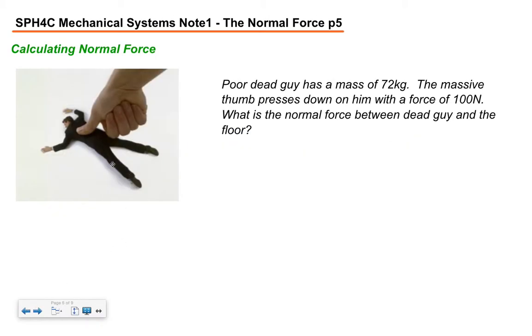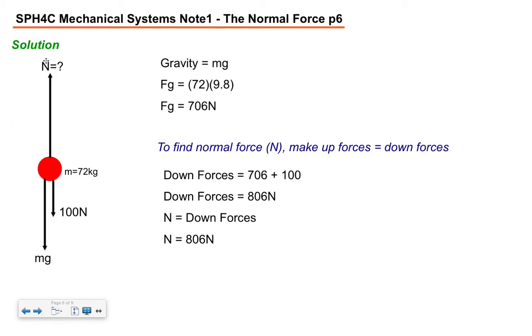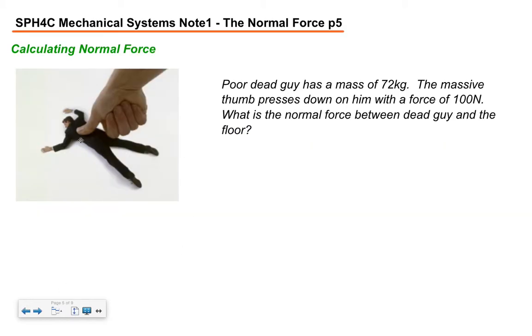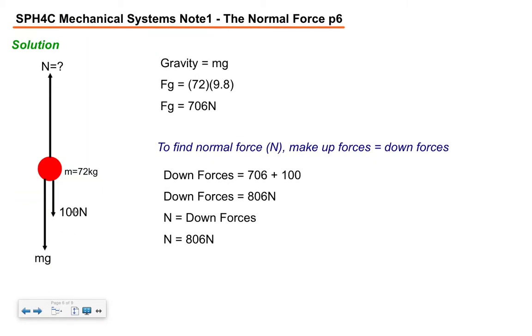now we have an added force pushed down. So looking at the free body diagram, I'm just calling N the normal force. Here's the free body diagram, mass of 72 kilograms. We have mg, the gravity force, pushing down on him. His own gravity is pushing down on him, but also this 100 newton thumb force, the giant thumb.